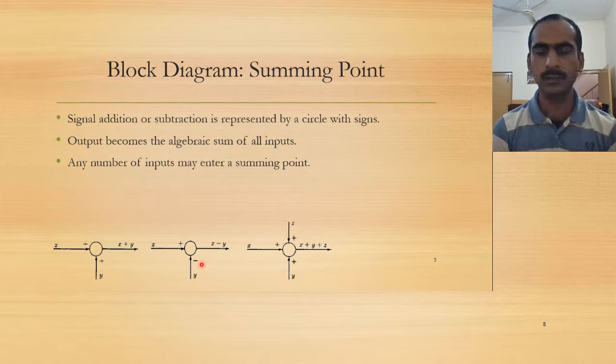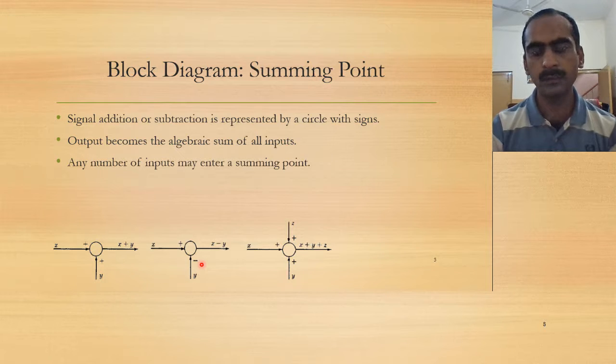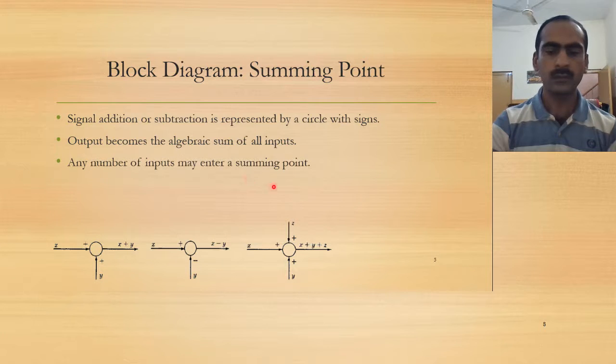There can be more than two inputs; there can be three, four, five, as many as are conveniently possible to draw on the paper. In this diagram we see there are three inputs, and the output is the summation of all three.